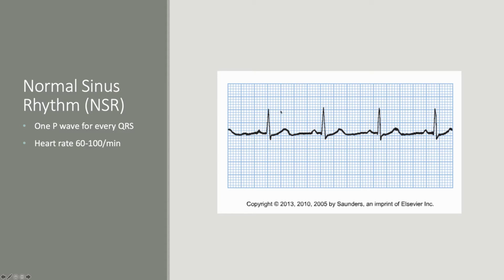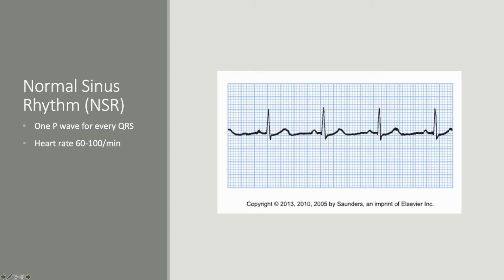If the next QRS complex was here, the heart rate would be 300, but it's not. So I'm going to say 300, then I'm going to go to the next one, 150, next one, 100, next one, 75, and now here's that QRS complex. So the heart rate's a little slower than 75, right? So let's call it 70.